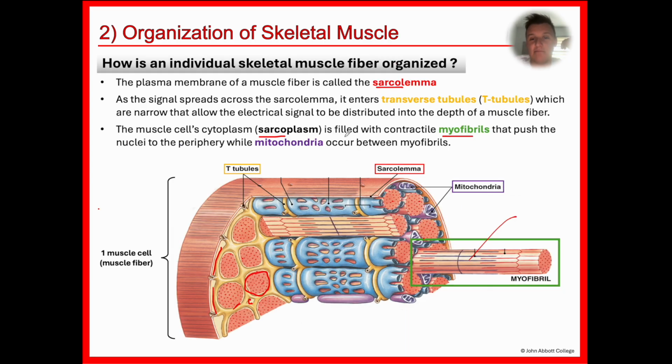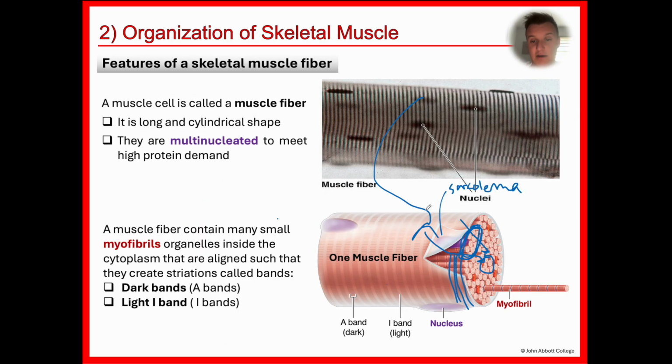So it's filled with these myofibrils, and these myofibrils are organelles that are the contractile units. They actually are the ones that are going in and out, right? And since they're all packed here, they actually end up pushing nuclei to the periphery. That's why when you see these muscle cells, you see these usually big nuclei pushed to the sides, right?